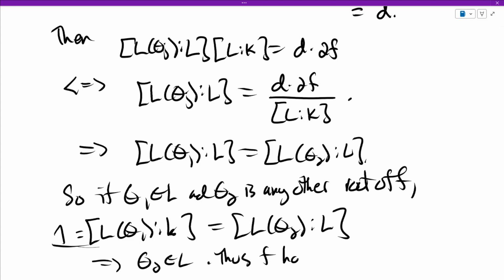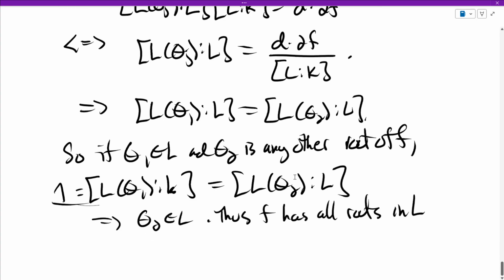Thus f has all roots in L. So L over K is normal, and we already showed it was finite. Ooh, that was a long one, but we got through it.